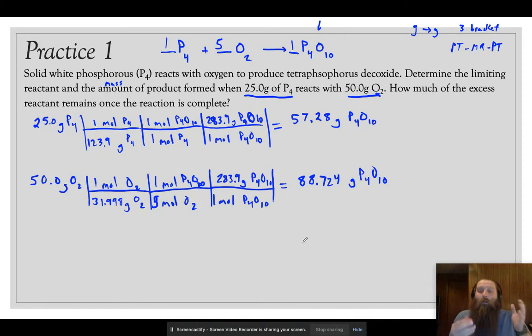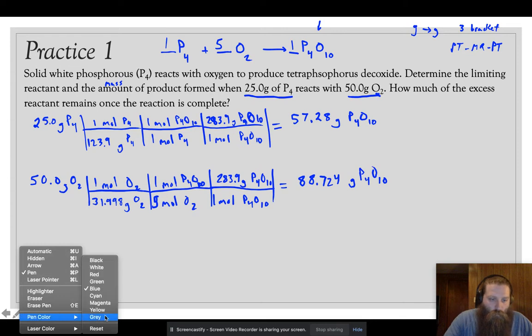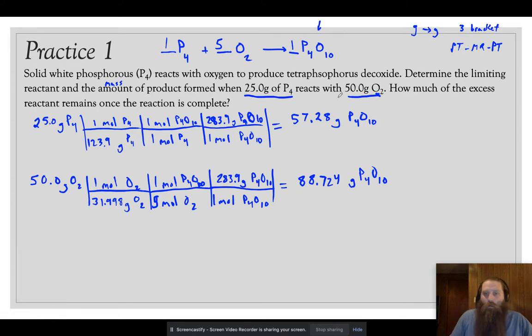Okay, so now we have two numbers, and we have to figure out which one of these two is the theoretical yield. I'm going to switch over to red for a second.